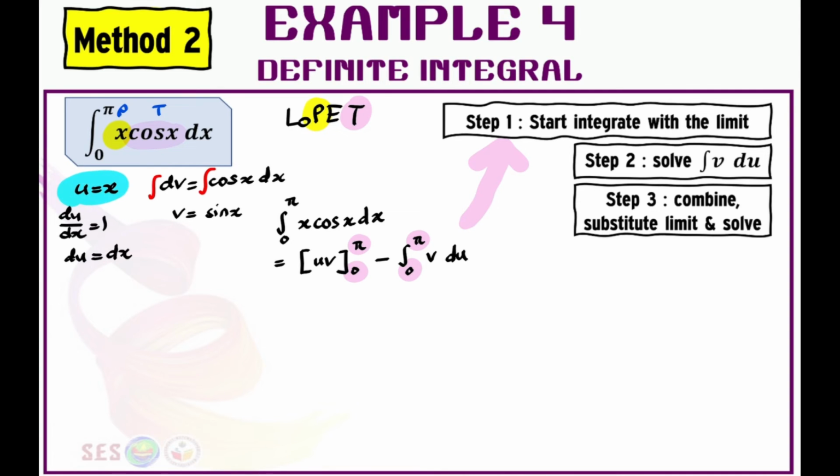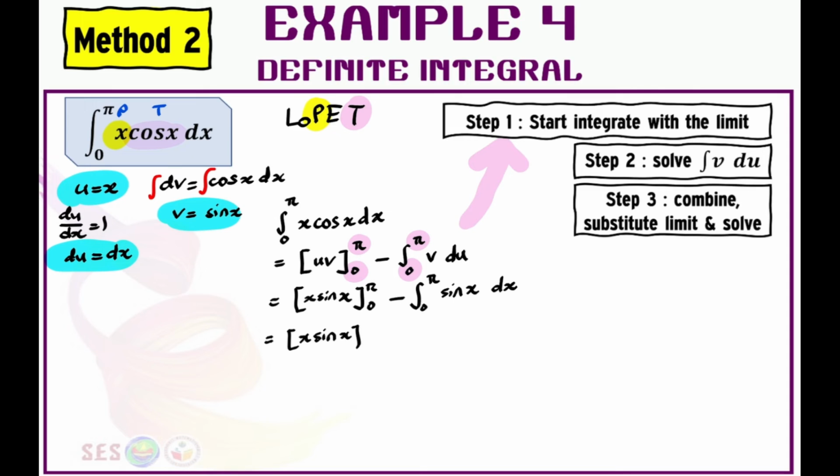Okay, I substitute my u, v and du in our formula. So I get u multiply v will get x sine x with limit 0 to pi minus integrate 0 to pi. V is sine x and du is dx. So continue integrate. For the first term, just copy everything.